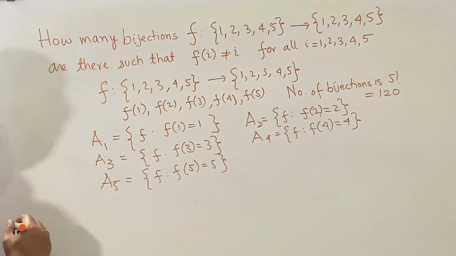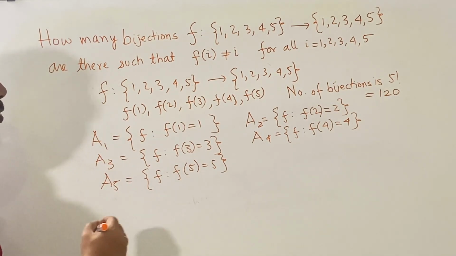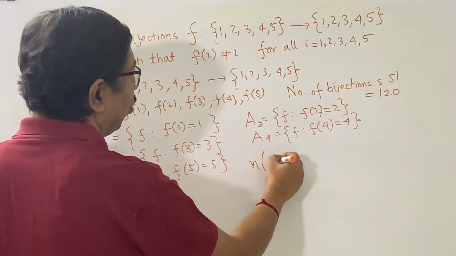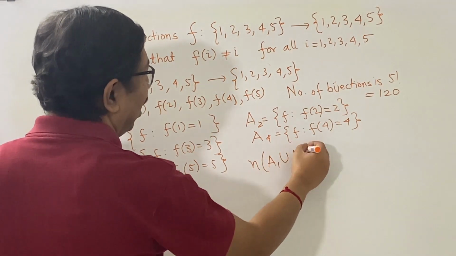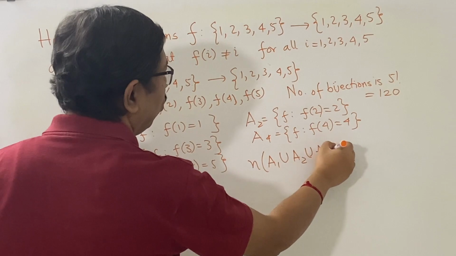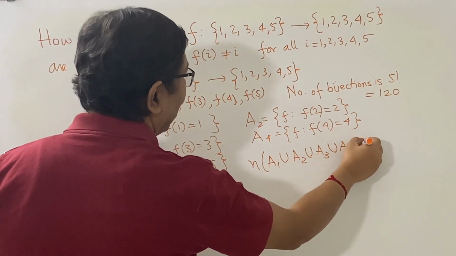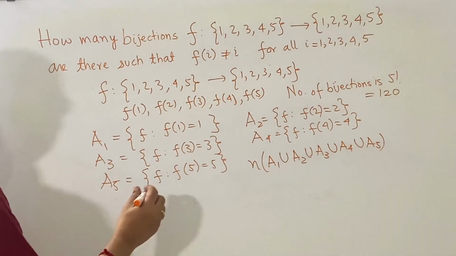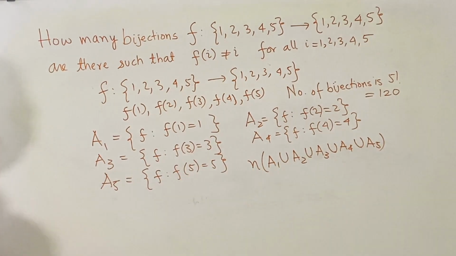Note that all the maps which satisfy the property f(i) not equal to i are not there in this set. So, what we will do is count the number of elements in the set A1 union A2 union A3 union A4 union A5, and then subtract this quantity from 120.